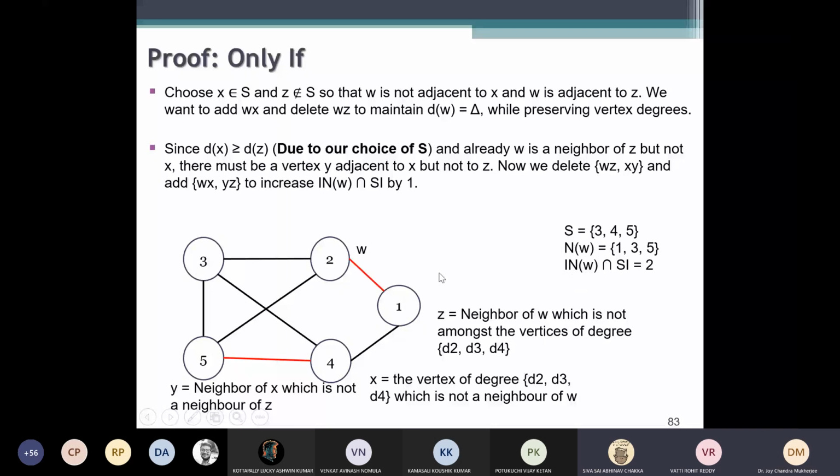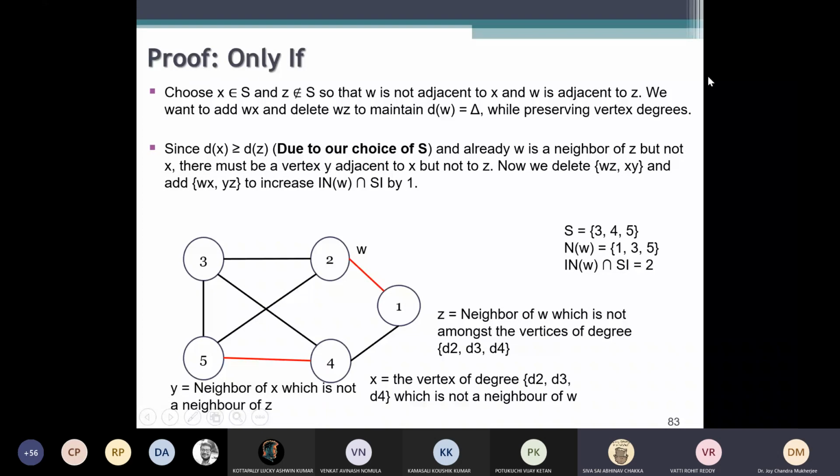So choose a vertex X belonging to S and a vertex Z which doesn't belong to S, such that W is not adjacent to X and W is adjacent to Z. Okay, we will look at this line.